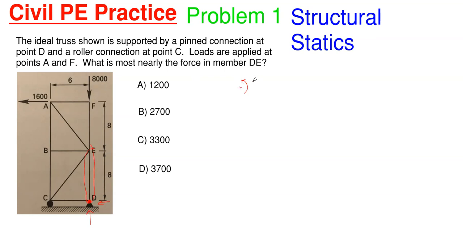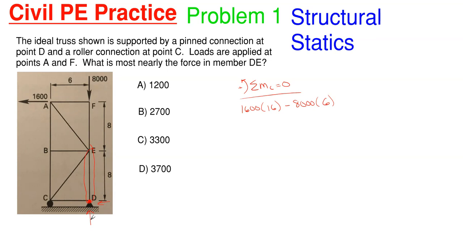I'm going to sum moments about point C equal to 0. I would have my 1600 multiplied by the vertical distance to get it down, which is 16. That will be counterclockwise, so it'll be positive. Then I have clockwise rotation of the 8,000, so minus 8,000 times its horizontal distance over to C, which is 6.